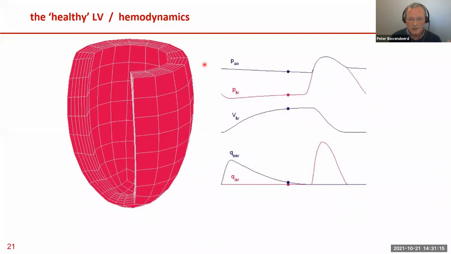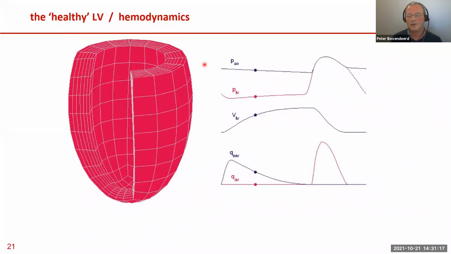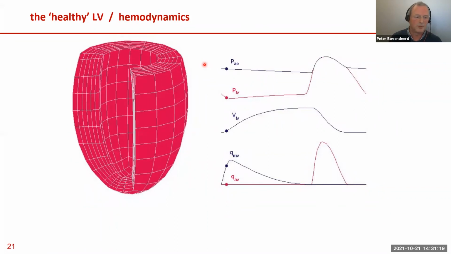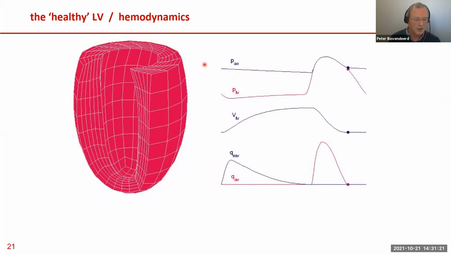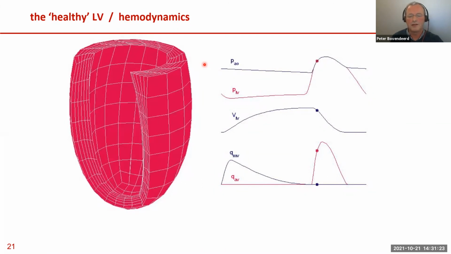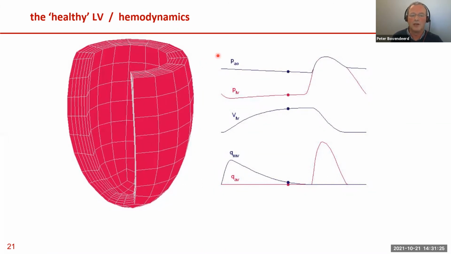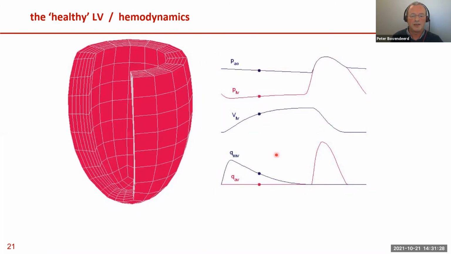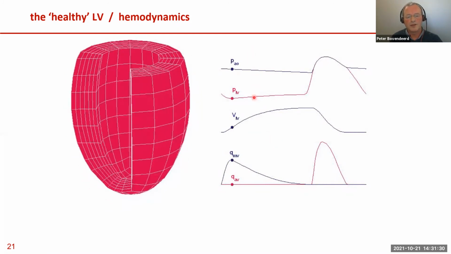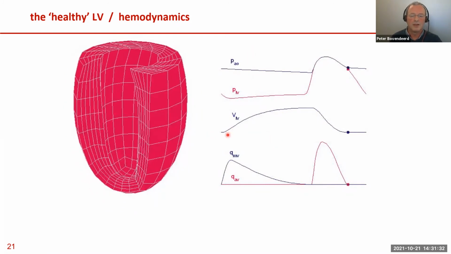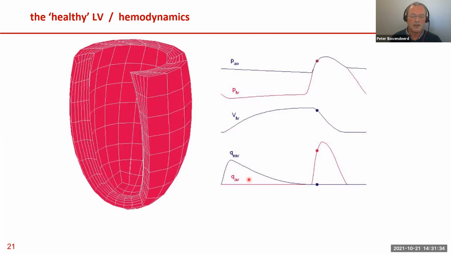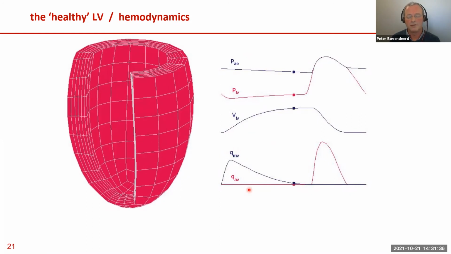You see the change in shape of the heart during the cardiac cycle. You see the typical torsional motion that is the result of the oblique orientation of the myofibers in the wall. And you see quite realistic change of aortic pressure, left ventricular pressure, left ventricular volume, mitral valve flow, and aortic valve flow.